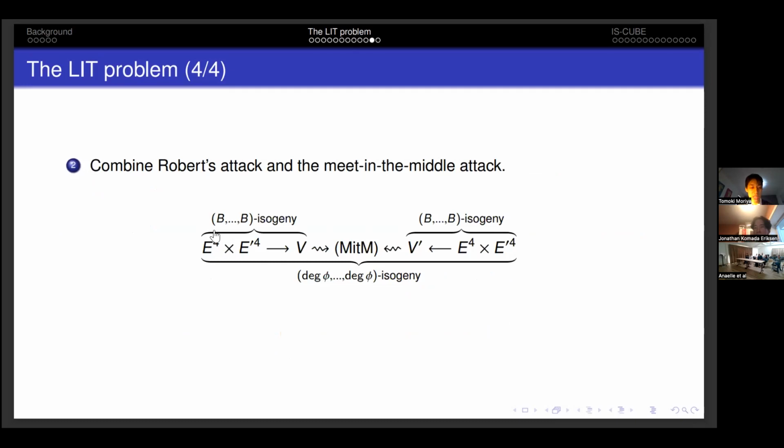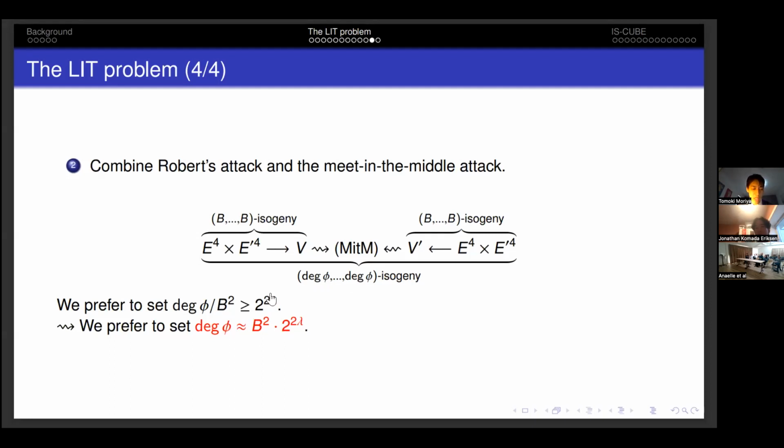The first isogeny is a B isogeny, and the second isogeny is also a B isogeny, and the whole isogeny is almost a degree phi isogeny. So the gap between V and V' is about degree phi over B squared. So we prefer to set this value larger than 2 to the 2 lambda. So we prefer to set degree phi as B squared times 2 to the 2 lambda.